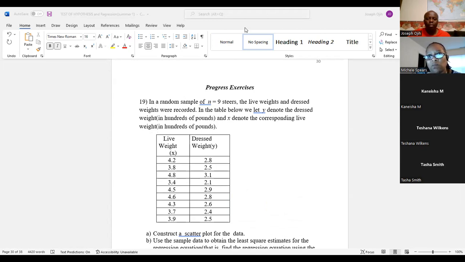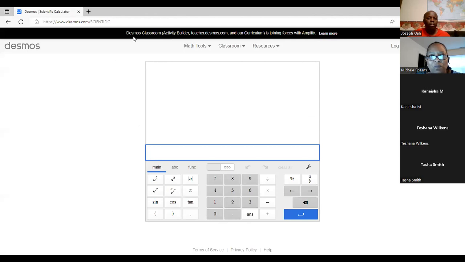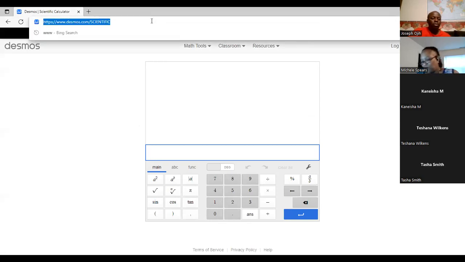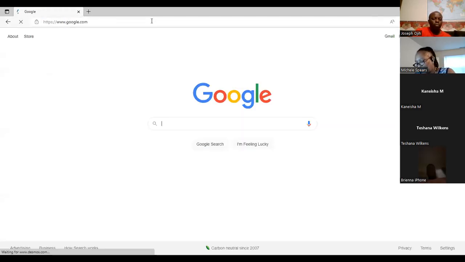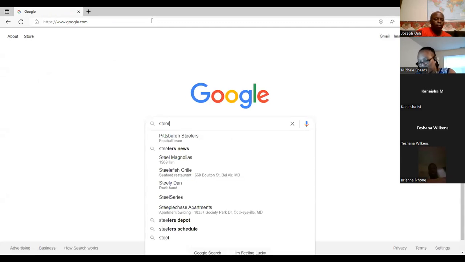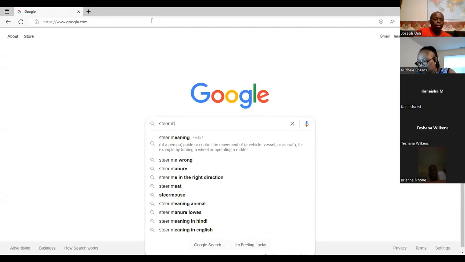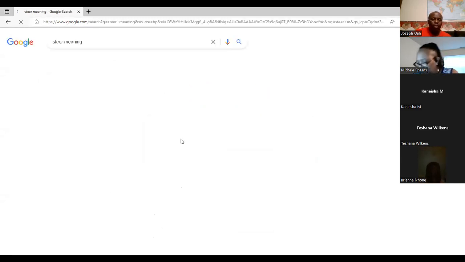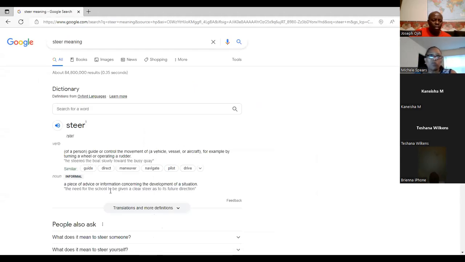Let's see. I'm going to use Google. Okay, steer, meaning. Isn't it cattle? It is a type of beef. Beef meat.